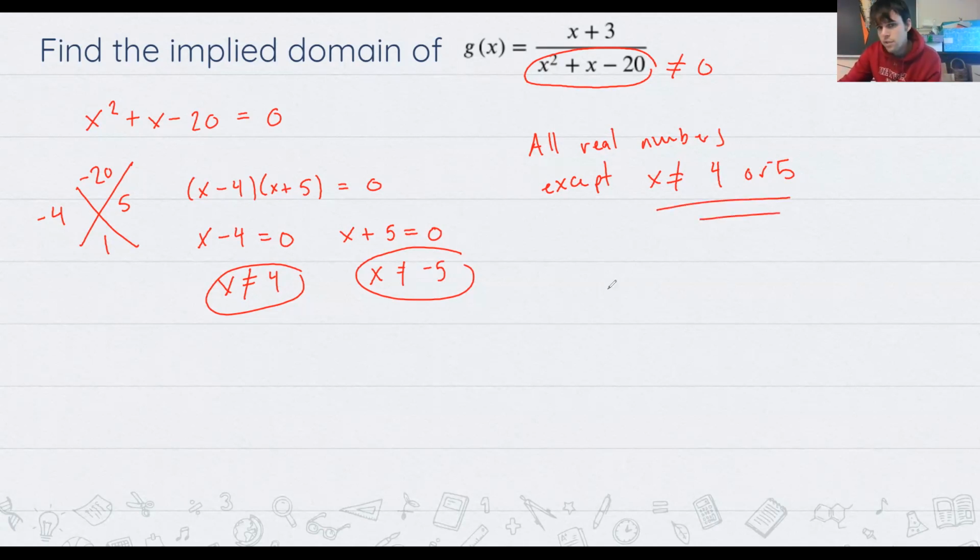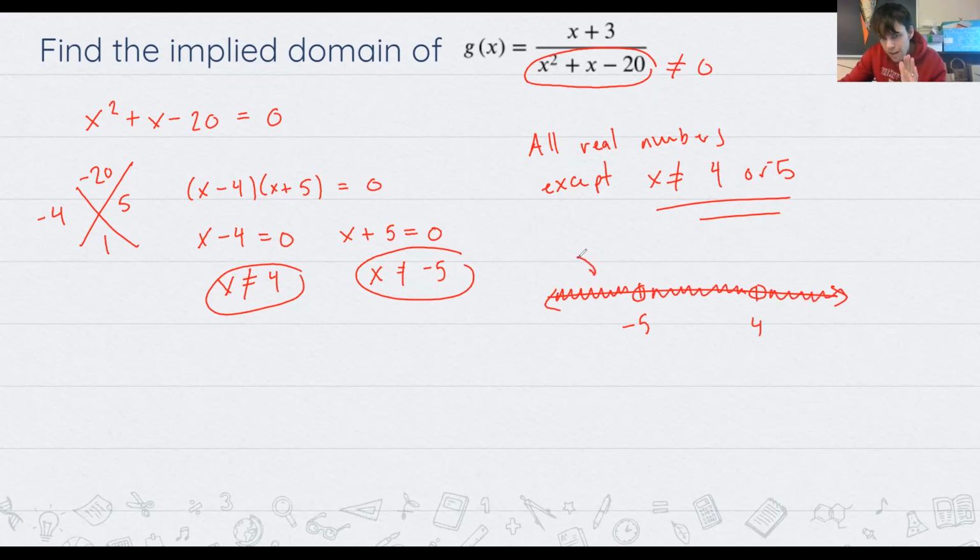We could also have something a little bit more complicated. Imagine a number line here with -5 and 4. These specifically are non-included values, but everything less than -5 is good, everything in between is good, and everything bigger than 4 is good.